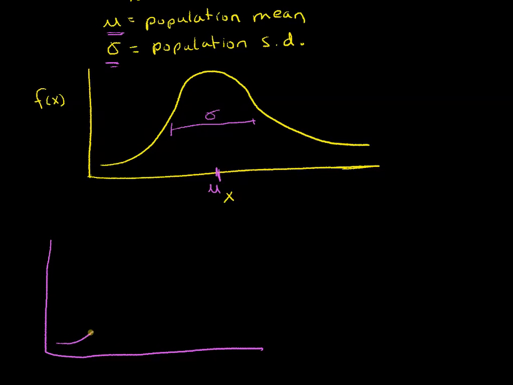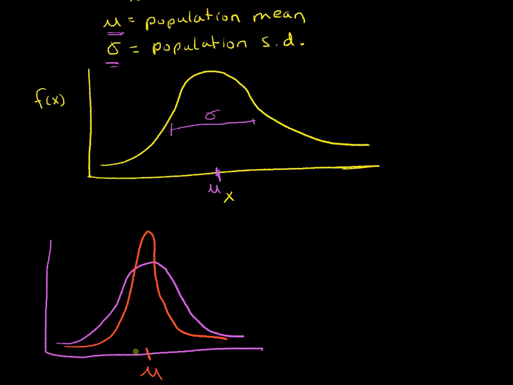Say you have one normal distribution curve that looks like this, and then you have another normal distribution curve that looks like this. Both these curves, I was trying at least to center on the same mu, so they both have the same mean.